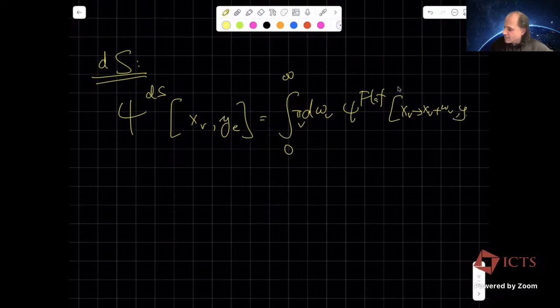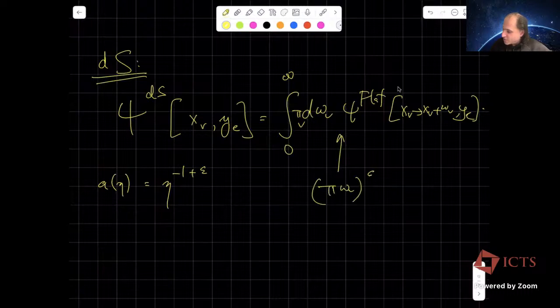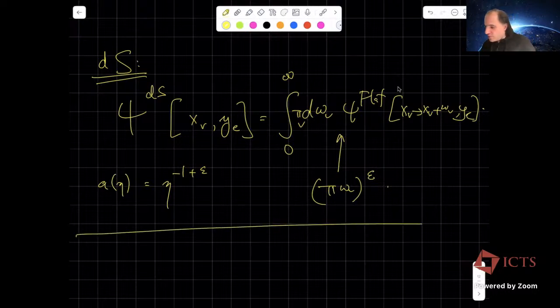Okay, and if your scale factor is a of eta is a to the minus 1 plus epsilon, so it's just epsilon departed from de Sitter, then you just shove in here the product over all the omegas raised to the epsilon. Okay, so this is a very, very simple relationship between the cosmological and the flat space wave functions.